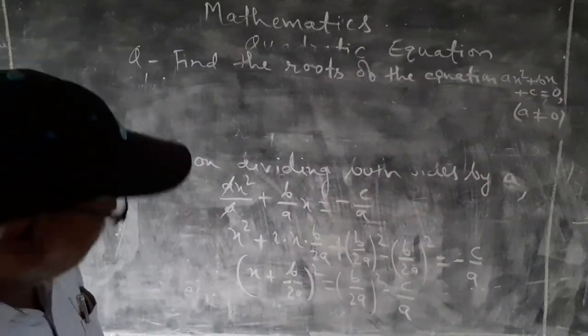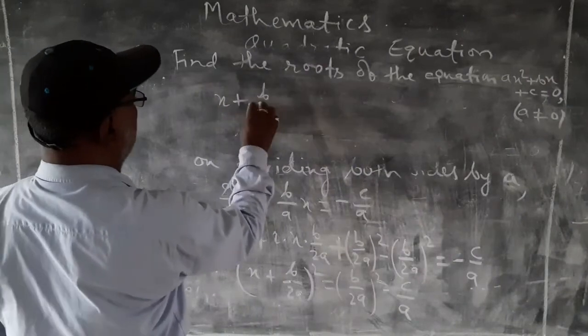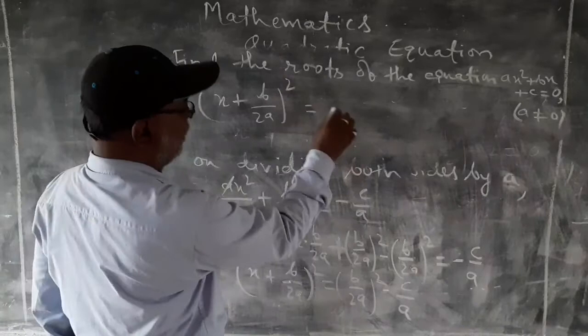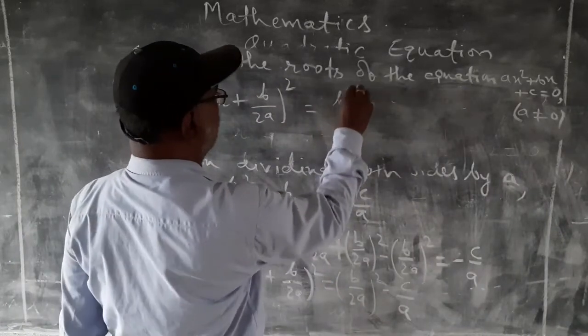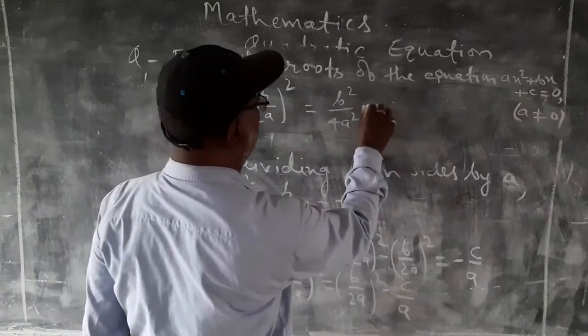Now, x plus b by 2a whole square equals, squaring both because this is a fraction, b square by 4a square minus c by a.